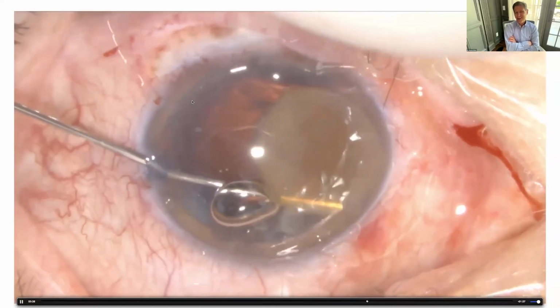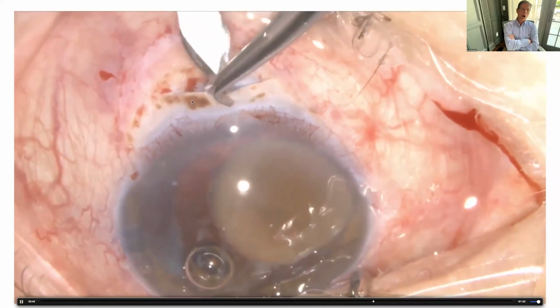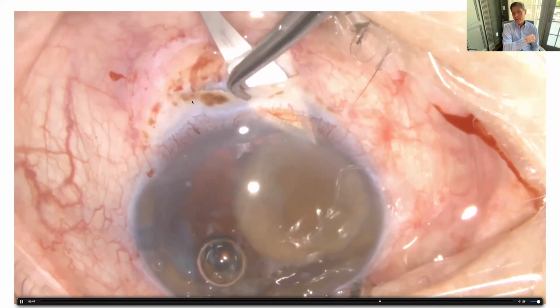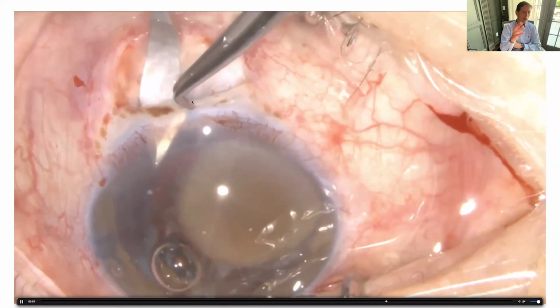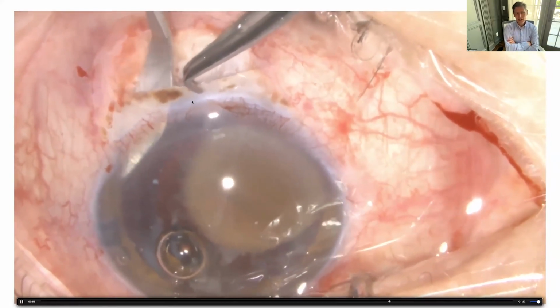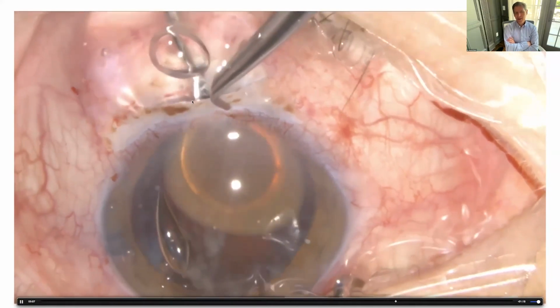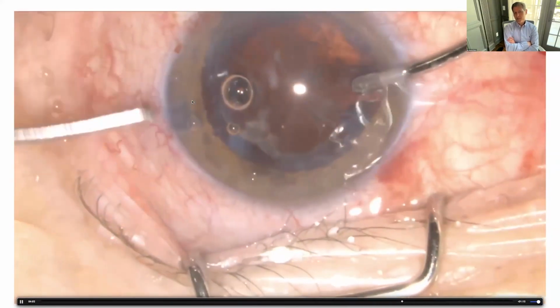Again, this is not a very large nucleus. It's a very dense one, but it's not very large. And the trick of SICS is the creation of the wound. And again, we could have a whole webinar on SICS and how to create it. But once we've created it, extracting the nucleus is very easy.